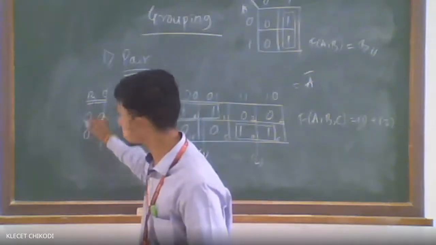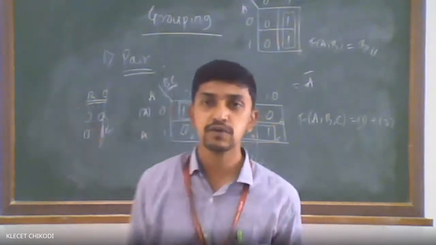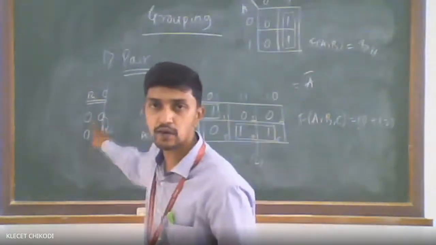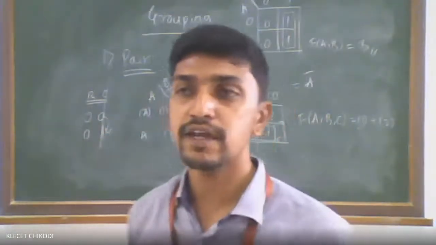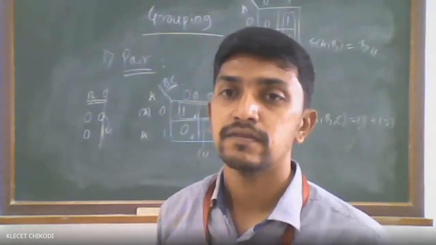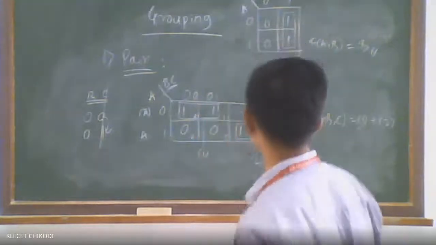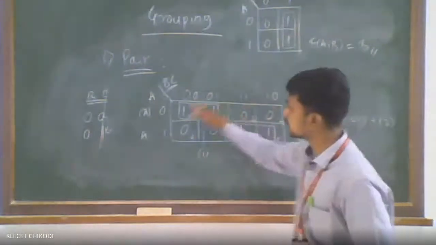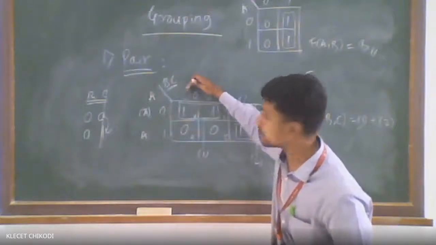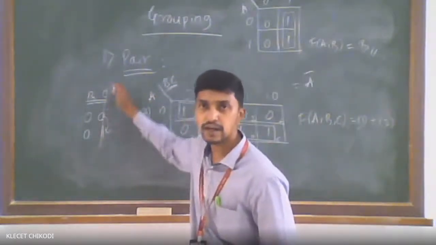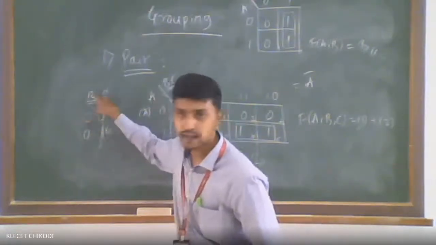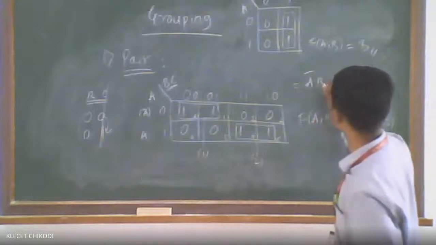So 0, 0 means B has value 0, so what do I take there? B bar, right? I have already written A bar because it corresponds to this row, and for this column, whenever there is a transition, we cancel that variable and write the remaining variable value. So that will be B bar here.